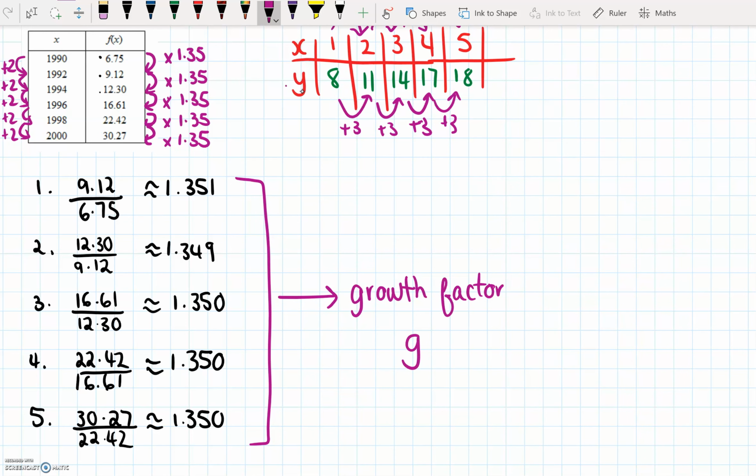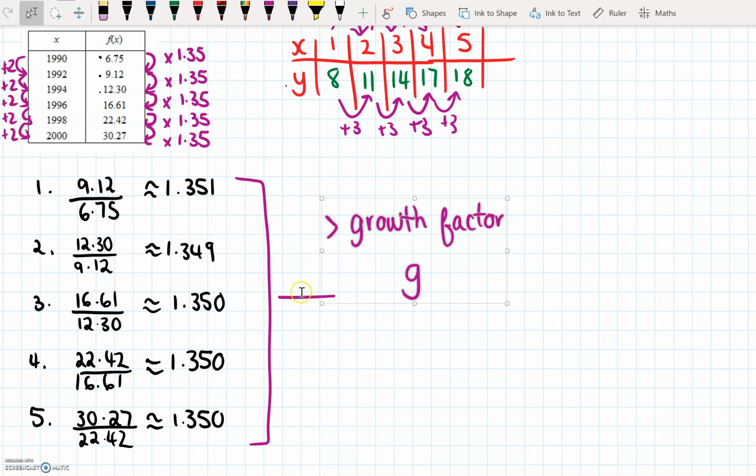This is G. So what we can now do is come up with our formula for this relationship, so that we are able to calculate any future values.